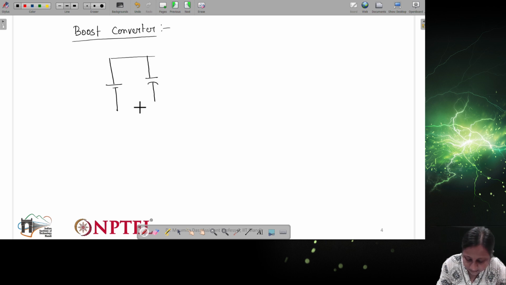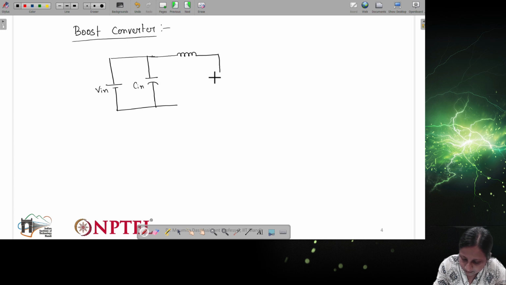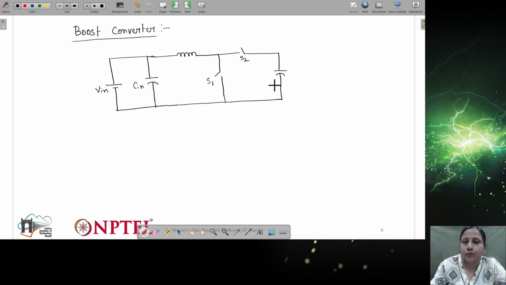So again it will have an input capacitor similar to the buck converter, right? Here the inductor is present at the input in the boost converter. Here the same type of switch S1, and then there is a switch S2 which is connected to the output capacitor C out, right?